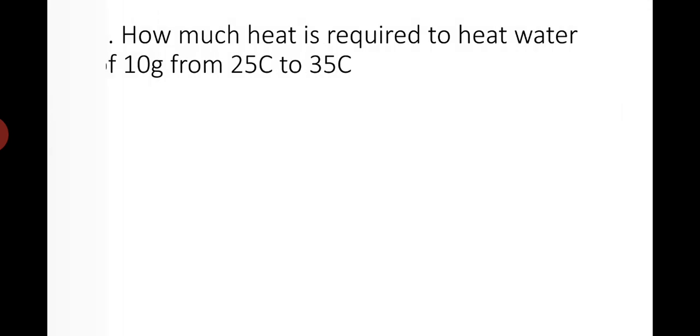First question. How much heat energy is required to heat water of 10 grams from 25 degrees centigrade to 35 degrees centigrade? So here, if you observe, we are heating water from 25 degrees centigrade to 35 degrees centigrade.